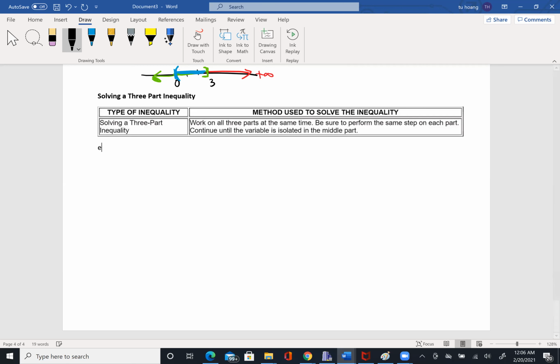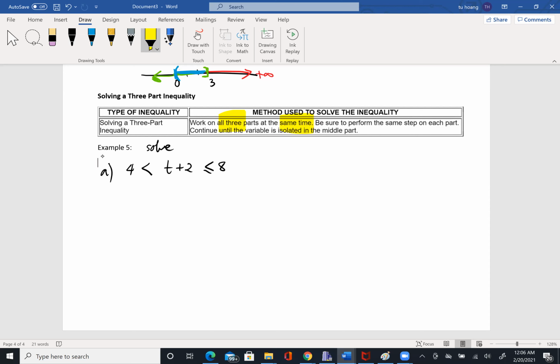Example 5. Solve: 4 is less than t plus 2 and less than or equal to 8. So I'm just going to work on three parts at the same time.